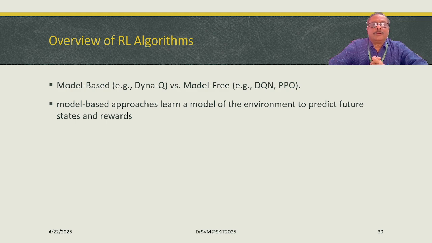So we first work with the environment, try to understand the environment, and then a mathematical equivalent of the environment is created, which we call a mathematical model, or in general, a model. And this model is further used to predict the forthcoming states and the corresponding rewards.